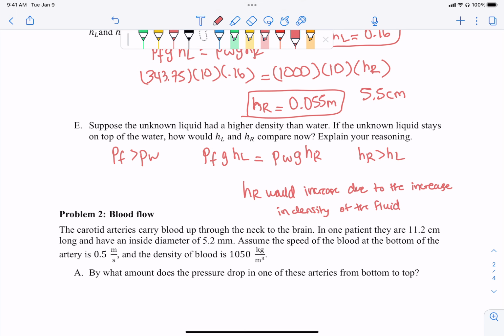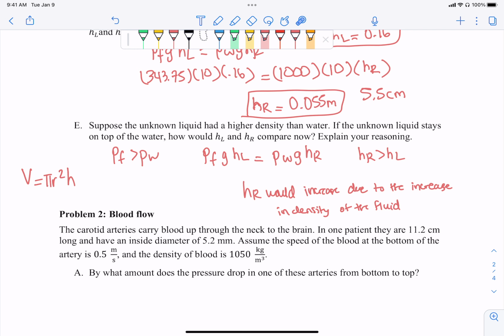Would HL decrease if it's pushing more? No. Once again, I know it's the issue with the whole intuition thing, but just look at how much liquid we're adding. I'm adding the same volume. If I go back to that, volume is equal to pi r squared h. Pi r squared is the cross-sectional area of the tube. That doesn't change. The width of the tube doesn't change.